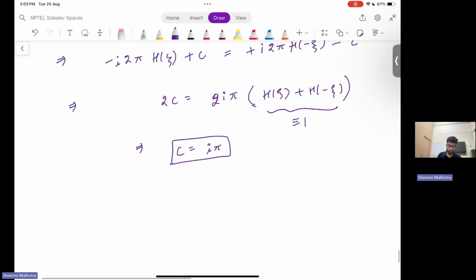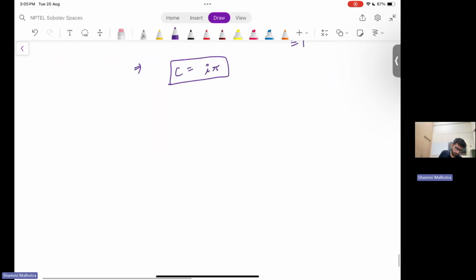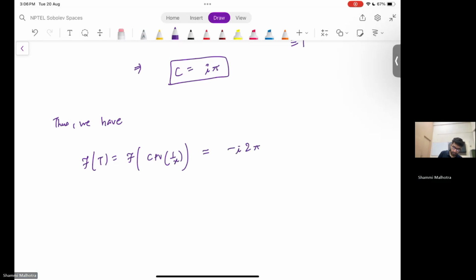And since this is constant, thus we have the Fourier transformation of T, which is nothing but the Fourier transformation of the Cauchy principal value of 1 by x, nothing but minus iota 2 pi Heaviside function plus iota pi.